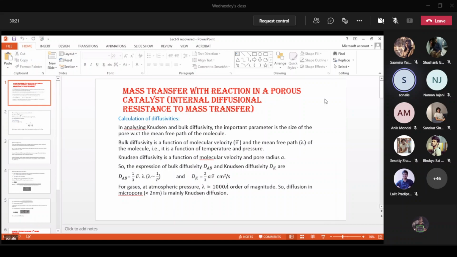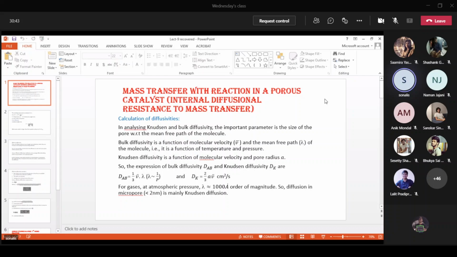When one molecule moves from one point to another, the average distance it travels is called the mean free path of the gas molecules.